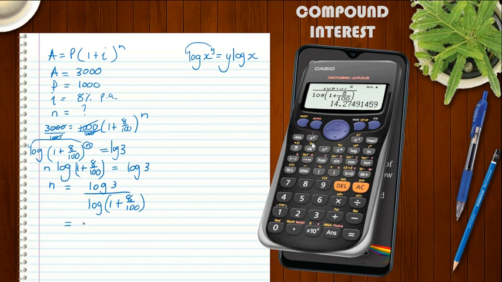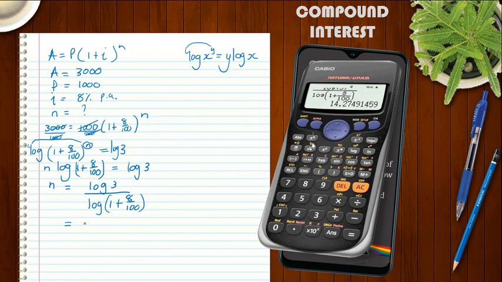So if they ask for years, or the nearest year, then it would be 15, because we always round up, because 14 years wouldn't be sufficient to triple your amount. It would be something below 3,000. So that would be 15 if they ask for the nearest year.